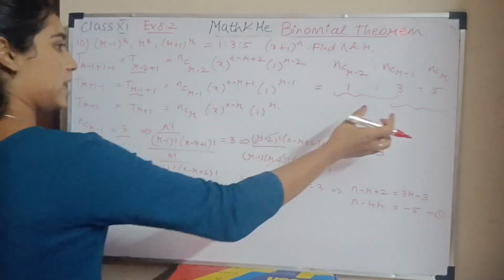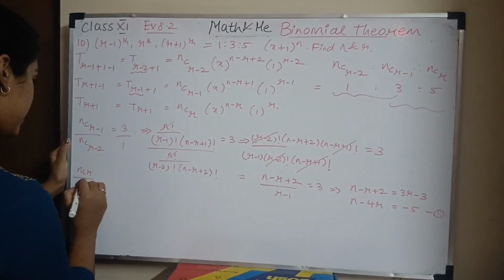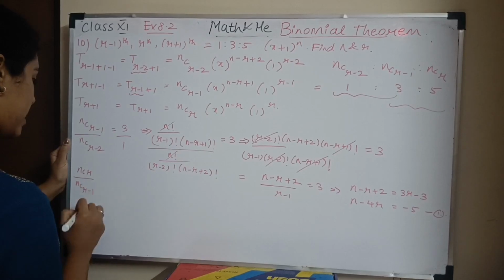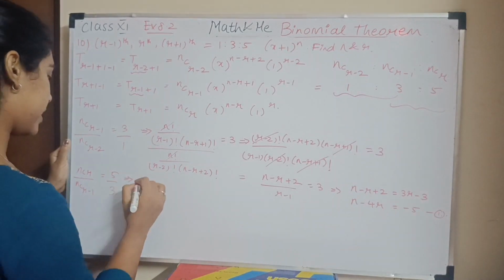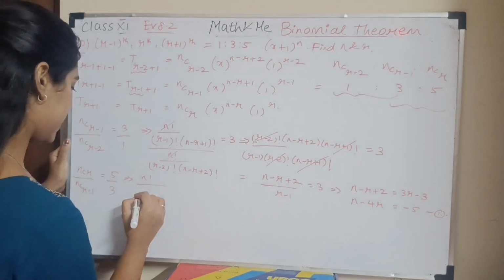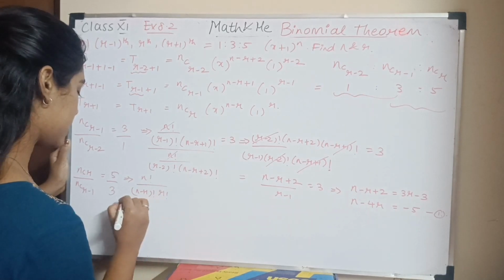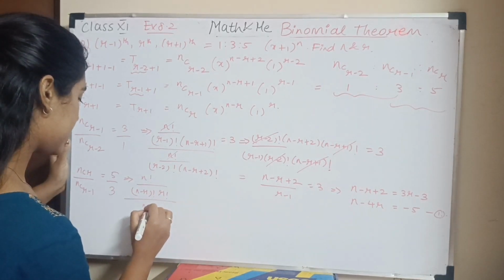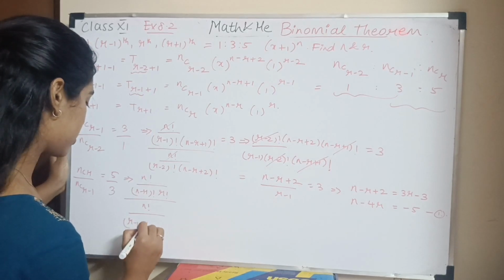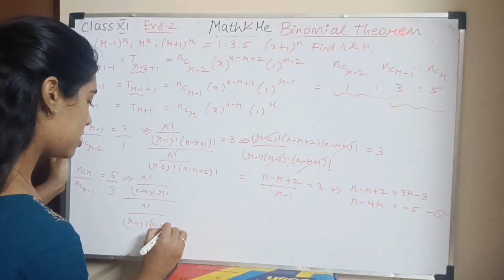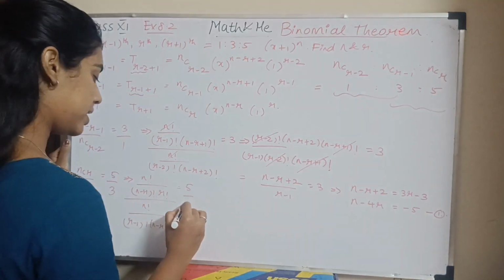Now what happens when I take these two? I have nCr divided by nCr minus 1 equals 5 by 3. So I have n factorial divided by (n minus r) factorial times r factorial, the whole divided by n factorial divided by (r minus 1) factorial times (n minus r plus 1) factorial, equals 5 by 3.